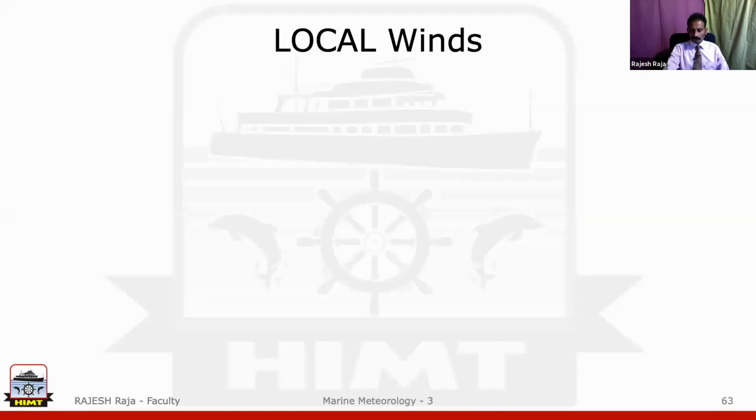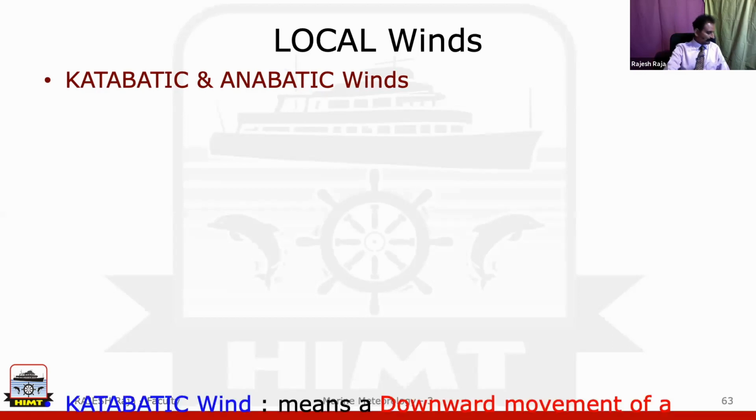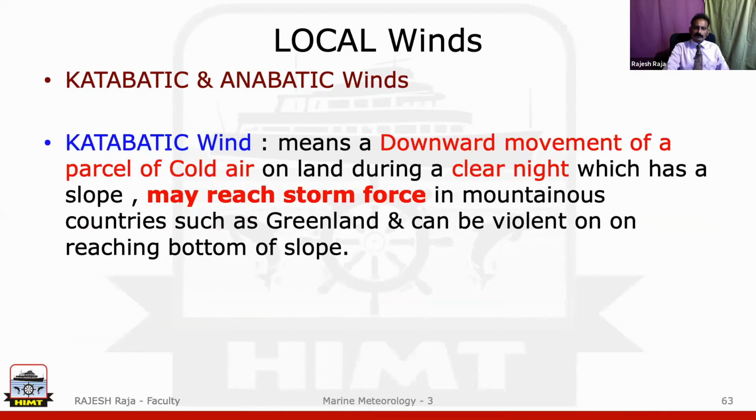There is one more set of local winds, called katabatic and anabatic wind. One of them is important for us, the second one is not so important. Let me just quickly talk about the katabatic with a small diagram also. Katabatic means a downward movement of a parcel of cold air from the land on a clear night.